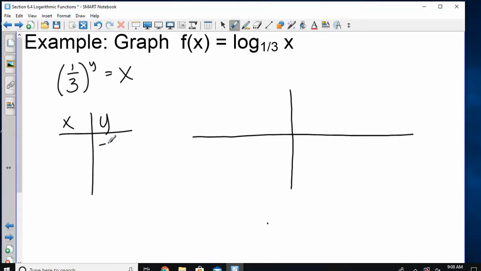So we'll put in -1, 0, and 1 for the y. 1/3 to the -1 would be 3. 1/3 to the 0 is 1. 1/3 to the first is 1/3. So we have (3, -1), (1, 0), and (1/3, 1). Just like the exponentials always had a horizontal asymptote, these will always have a vertical asymptote. So our graph will look like this.